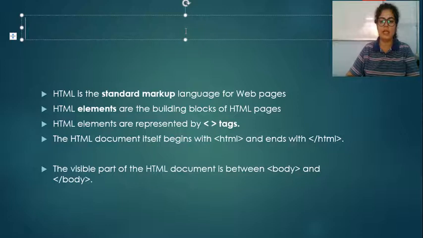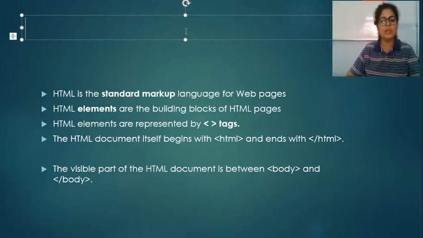It is one of the standard languages to create web pages. HTML elements are the building blocks of HTML pages. To create HTML pages, we use HTML elements. Now we will study HTML elements, meaning which types of elements HTML provides that we can use to create different things.